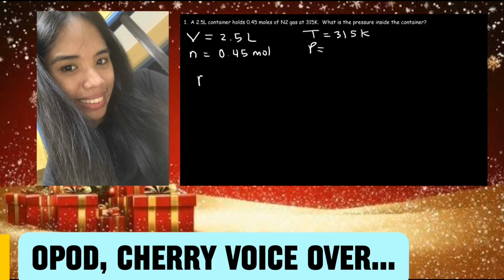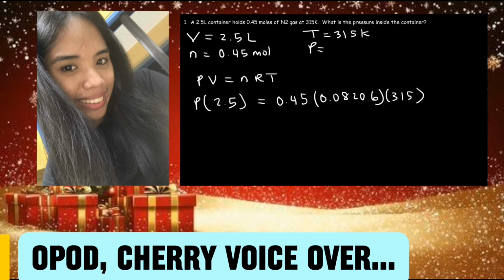So we could simply use this formula, PV is equal to nRT. Our goal is to calculate P. V is, actually, no, V is 2.5. n is 0.45, and R is 0.08206. And the temperature is 315. So let's multiply 0.45 times 0.08206 times 315.